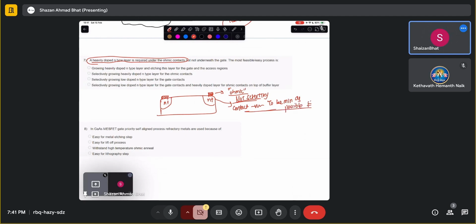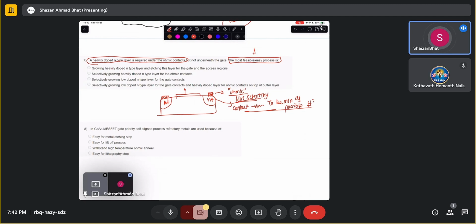Yeah, heavily doped n-type is required under ohmic contacts, but not under the gate contact, not under this contact. Why? What is the most feasible and easy process?